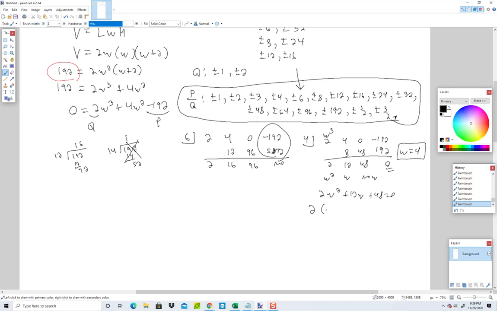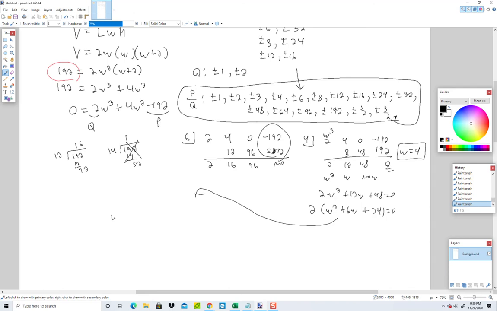I'll factor 2 out, and that gives me w squared plus 6w plus 24 equals 0. 1 times 24, 2 times 12, 3 times 8, 4 times 6. I don't think it factors. Let's see what it gives us. Not that it matters. We got a reasonable answer with 4.